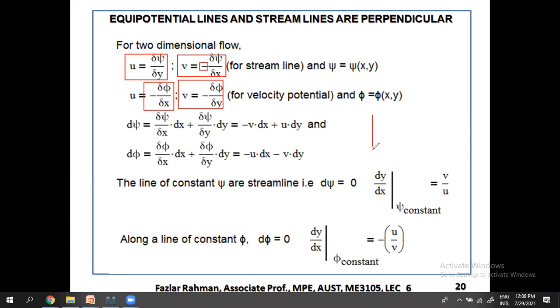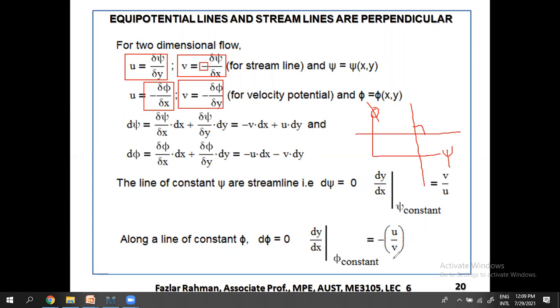If I make a graph, say along this direction is psi, along the y-axis is phi, and they intersect, then what will be the angle between them? For example, this will be the phi line and this will be the psi line, right? Then what will be the angle of intersection between the two lines, or what is the relationship? That we try to figure out.